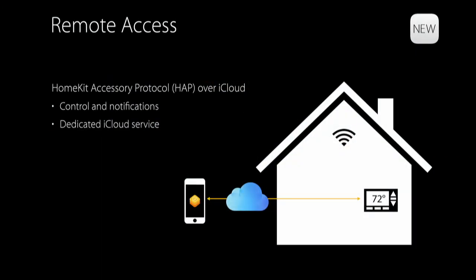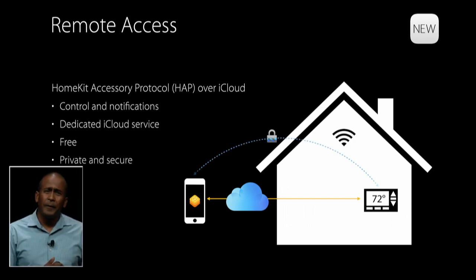And we scaled the infrastructure that runs this service to handle billions of HAP messages. And we thought, how can we make this better? So to use this service, the accessory manufacturers and all our customers will now get it for free.